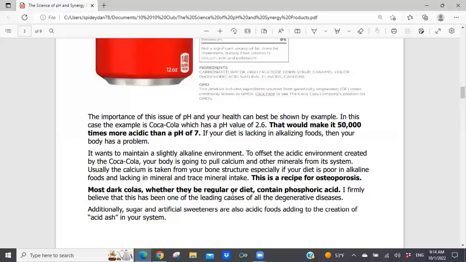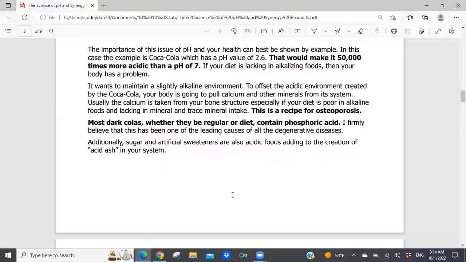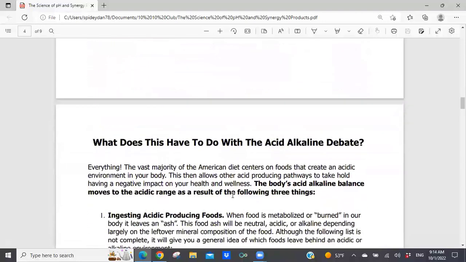What makes the difference is when that food item is metabolized in your body, it leaves what's called an ash. And that ash is either acidic, or neutral, or alkaline. So it really depends upon what you're consuming that ends up having the effect on your body, moving it towards acidic or alkaline.